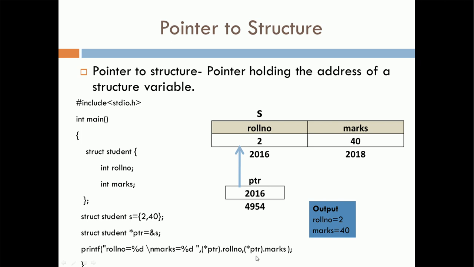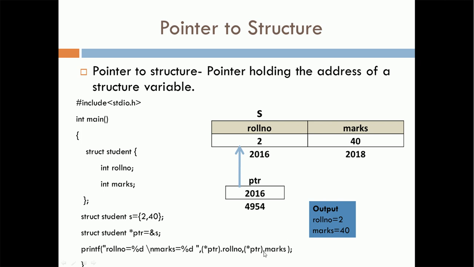Star ptr is as usual, as we use in a normal pointer variable. So just write a star, then the name of the pointer variable, then dot, then the name of the field that you want to access. This is another way through which we can access the structure variable using a pointer. So the output is the same, roll number equals 2 and marks equals 40.